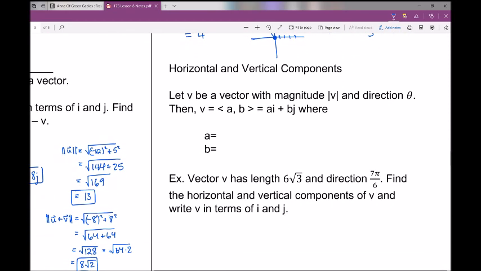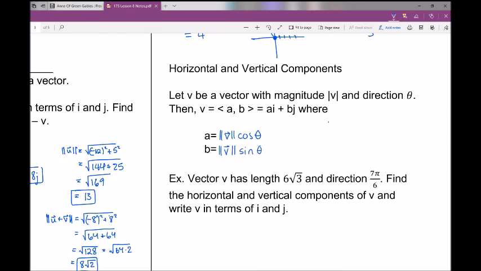So we'll let v be a vector with magnitude, absolute value of v, and direction theta. Then vector v can be defined by a equal to the magnitude of v times the cosine of theta, and b can be defined as the magnitude of v times the sine of theta.